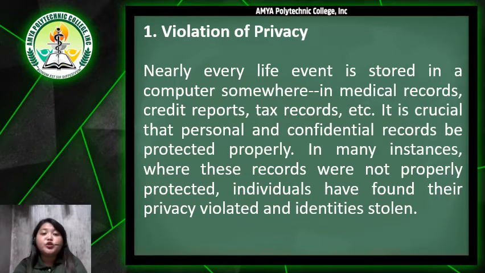So it is crucial that personal and confidential records be protected properly. In many instances where these records were not properly protected, individuals have found their privacy violated and identities stolen.